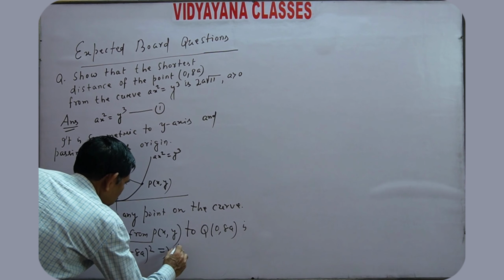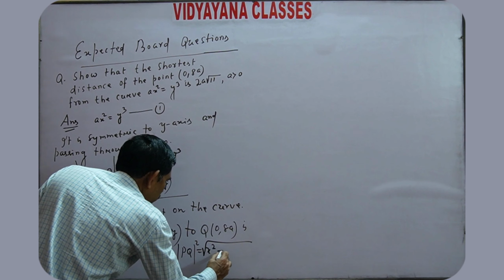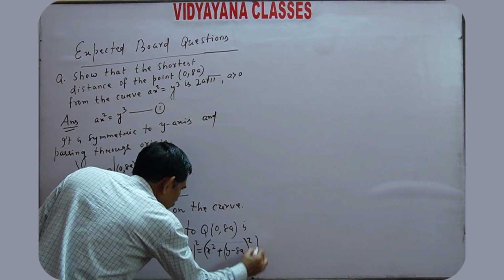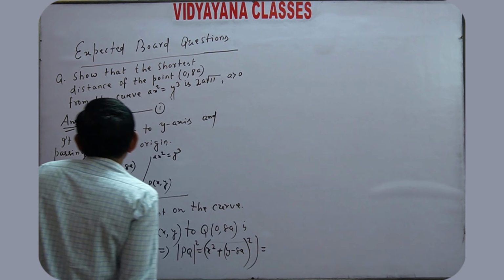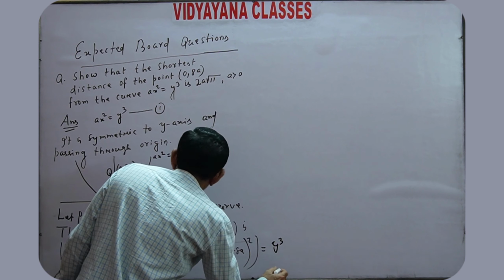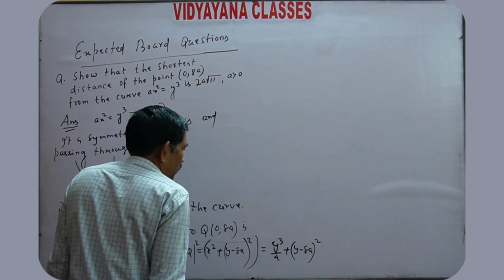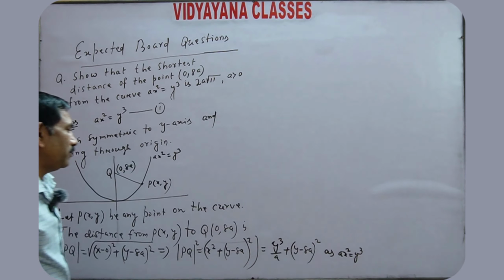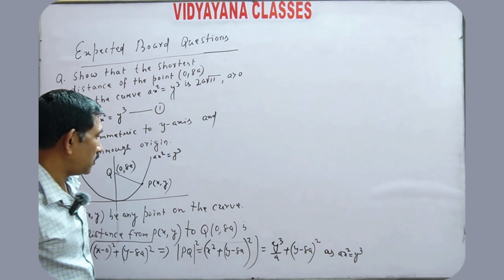Which implies |PQ|² is x² + (y − 8a)², which is the same as y³/a + (y − 8a)², as x² is equal to y³/a. Clear? Okay.